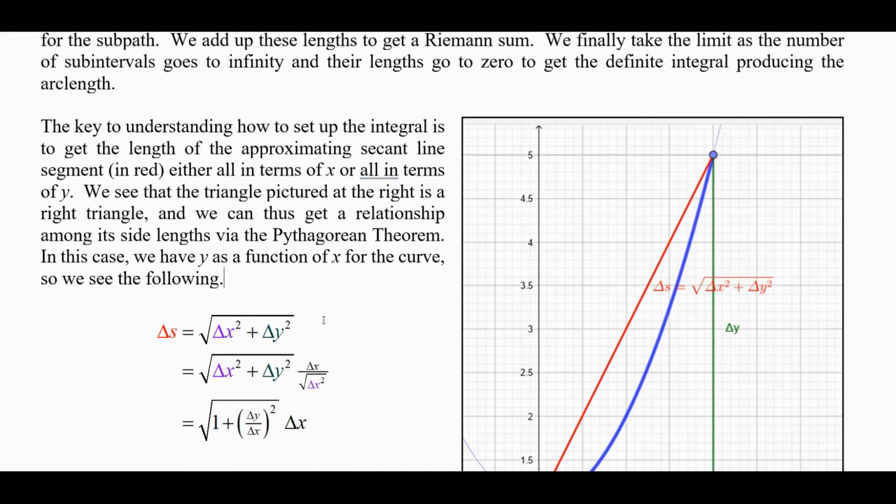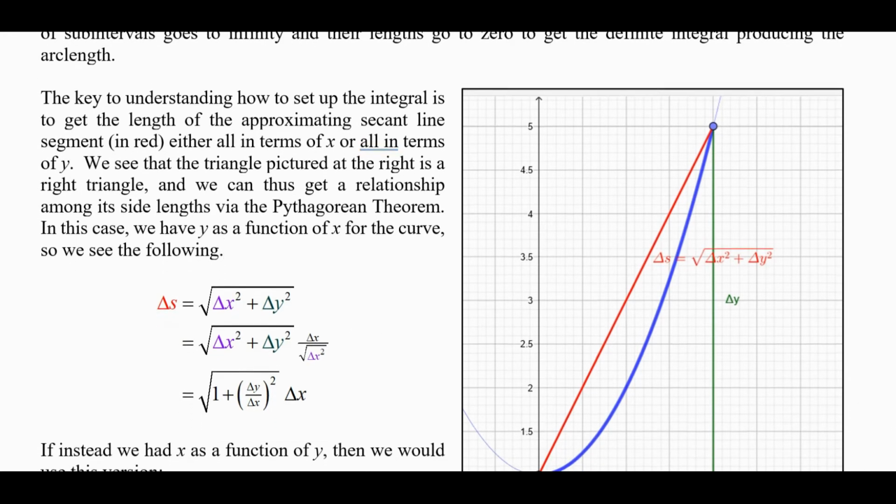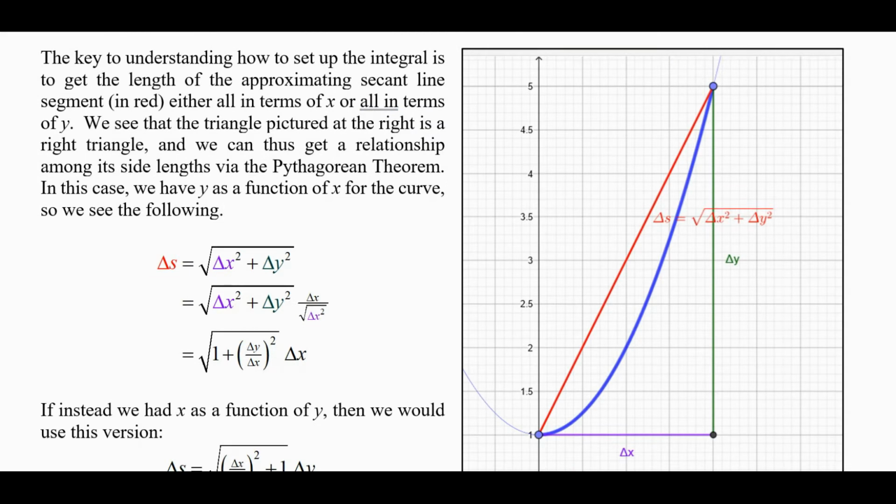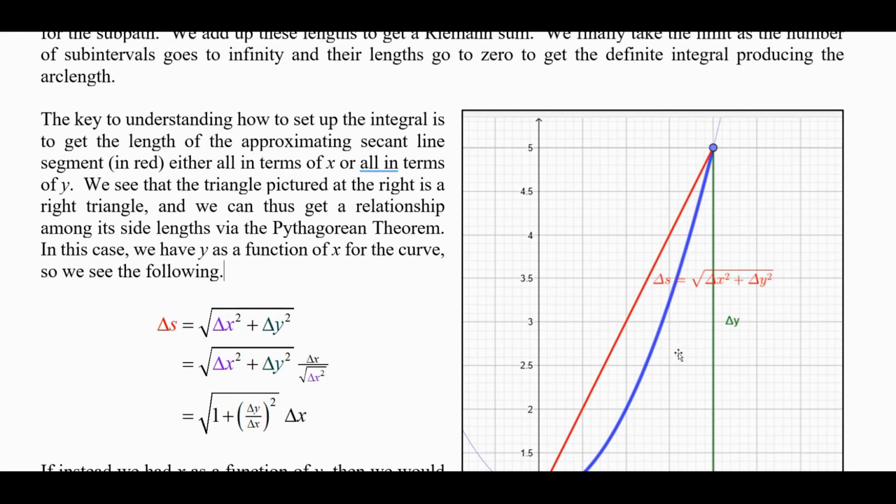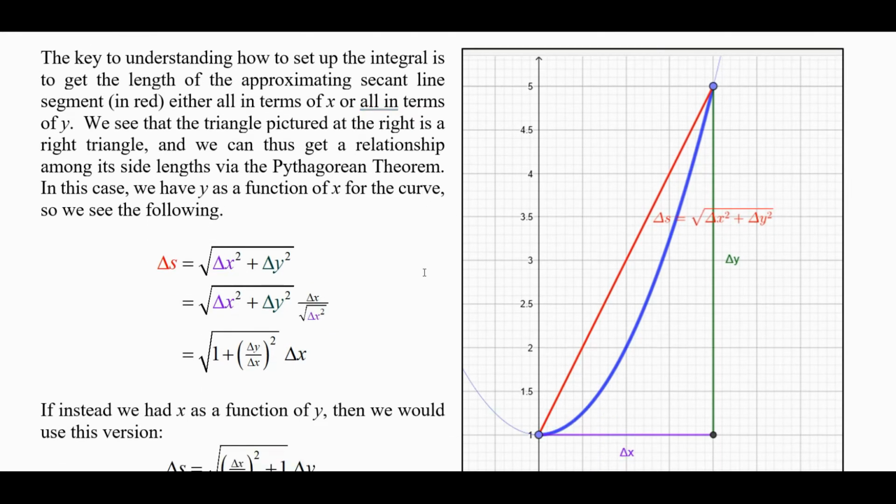And the key to understanding how this is set up is to understand the relationship between delta x, delta y, and delta s. Delta x is this purple distance, the horizontal change. Delta y is the vertical change, the green one, and delta s is the change along the hypotenuse here, the red distance, or the length of that secant line segment.